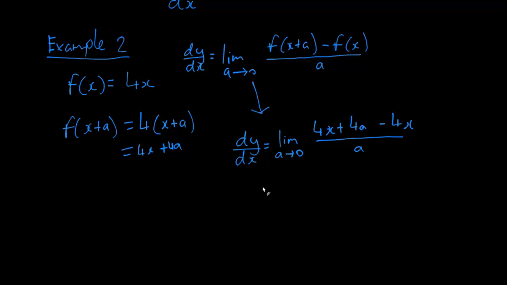So that will give us the limit as a tends to 0 of, well, the 4x's are both going to cancel out here, so we're just going to be left with 4a over a, and the a's are going to cancel, so it's just 4. So the a doesn't even really come into this at all. The actual gradient function is just 4.